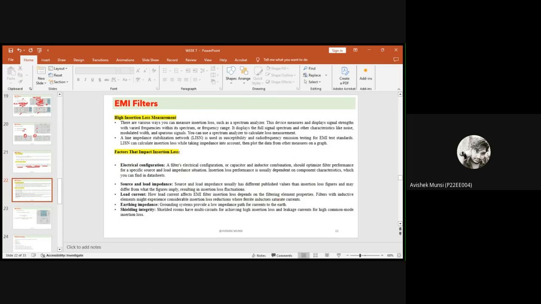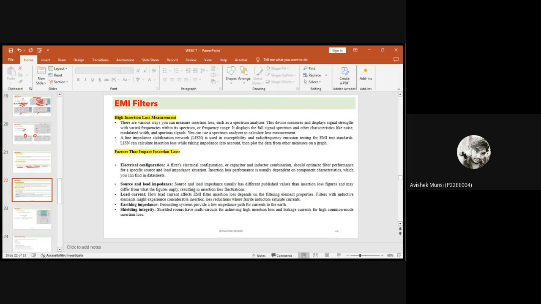The spectrum analyzer can also calculate the loss measurement. We can use it, as I discussed, for radio frequency emission testing and EMI testing standards. It can also calculate insertion loss while taking impedance into account. Then you plot the measured data on a graph and check how much it deviates.